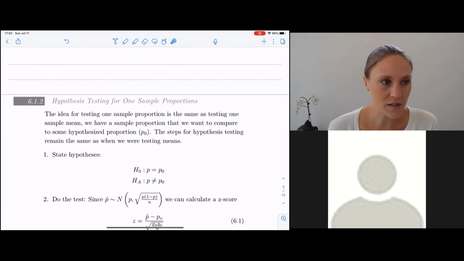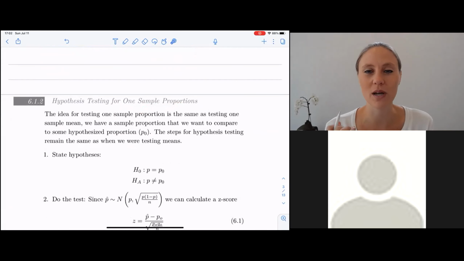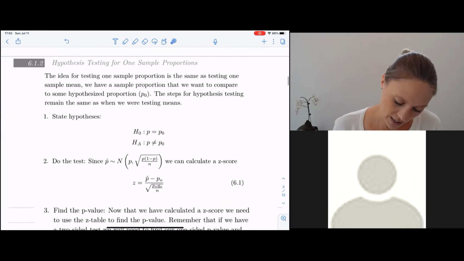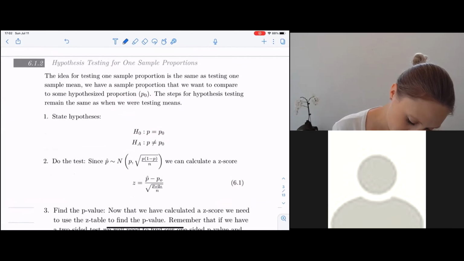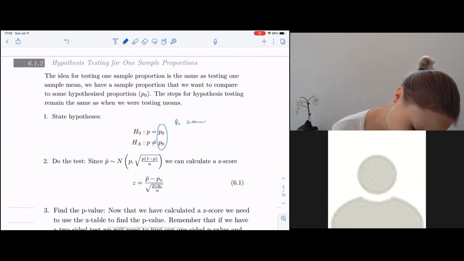So the idea is the same, right? First thing we have to do is we state our null and alternative hypotheses, right? And so what we saw in the formula sheet was that our null hypothesis is that p equals p naught, right? And so p naught comes from the question.